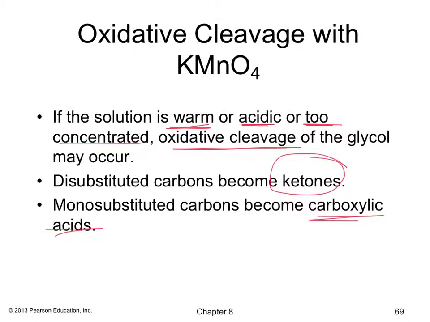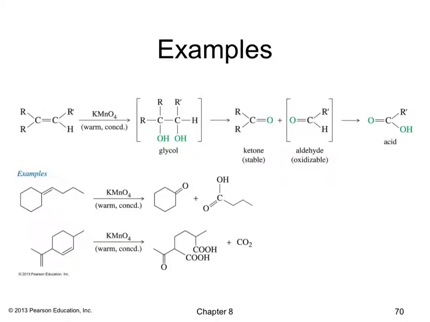This is important. So if we look at the mechanism, as you already know how to draw the mechanism to form the glycol, we're going to start off from the glycol over here, right? Now this is warmed and concentrated, so you're going to do the same mechanism as before, generating the glycol. Because it's warm and concentrated, this will then overoxidize where you have cleavage of this bond, right?